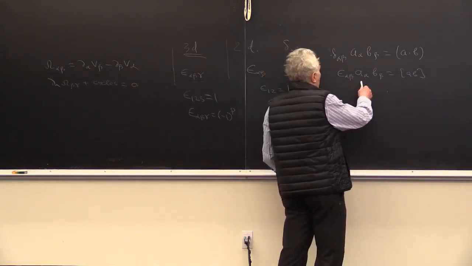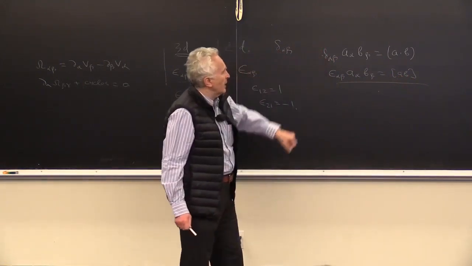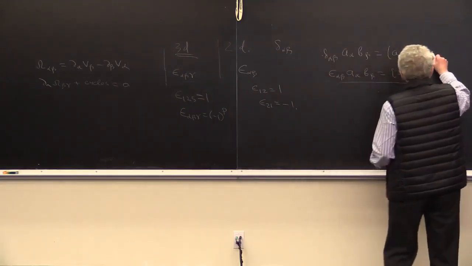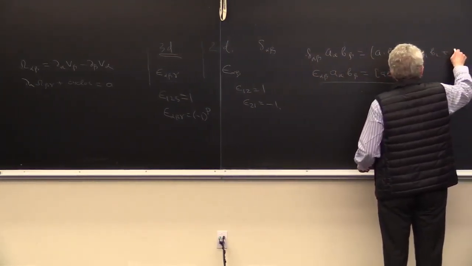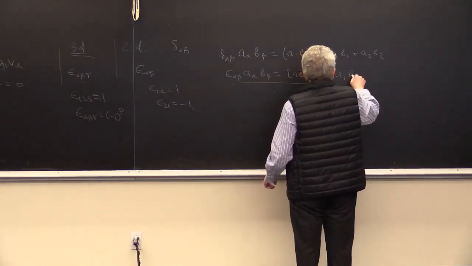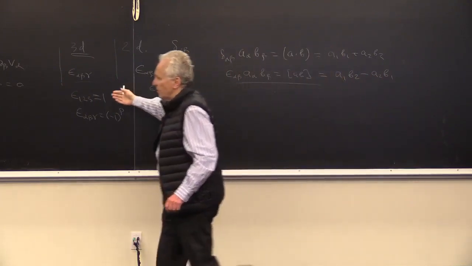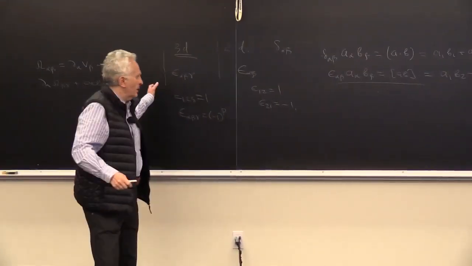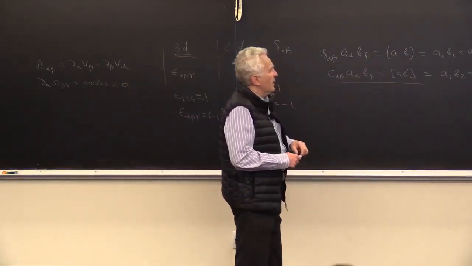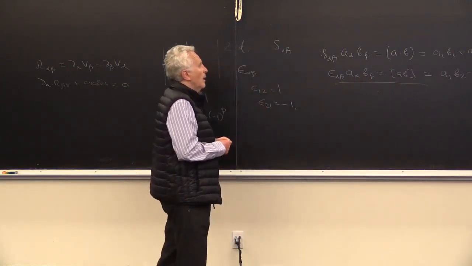Moreover, you have 2 types of scalars under rotation. They, however, are different. So this one is A1 B1 plus A2 B2, and this one is A1 B2 minus A2 B1. And here, of course, you will have a vector product. These bracketed products will be vectors. Here, they are scalars.